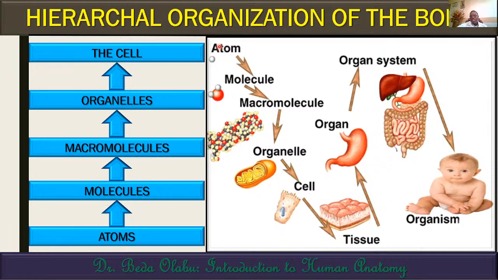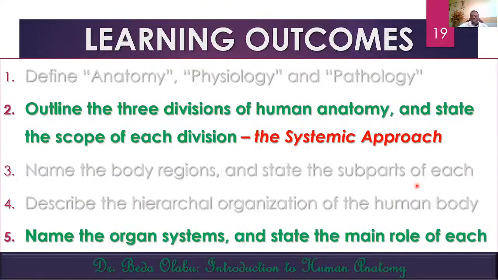We've seen that the body is organized in a particular hierarchy from simple to a complex structure. Having said so, I want us to now talk about the different organ systems which are in the body in an attempt to explain to you what we do when we study gross anatomy from a systemic approach.